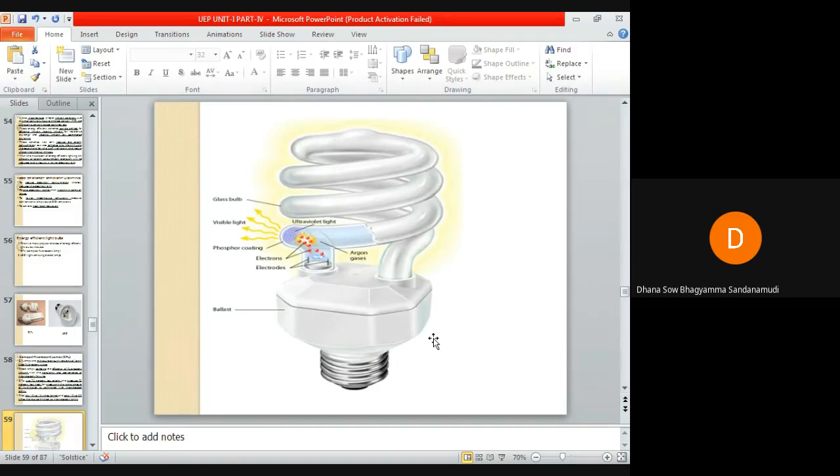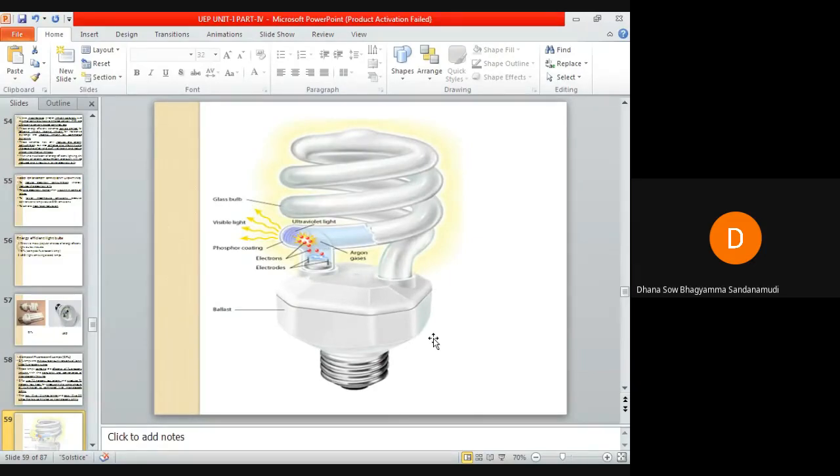The energy consumption by these lamps will be approximately 75% less than the incandescent lamps, and the heat produced by these lamps will be 75% less than the heat produced by the incandescent lamps. So when compared to incandescent lamps, compact fluorescent lamps consume 75% less energy, and the heat produced by them is also 70% less.